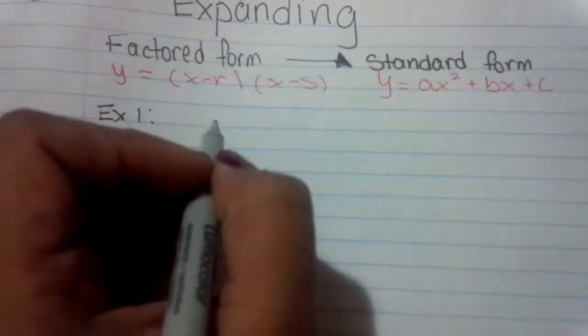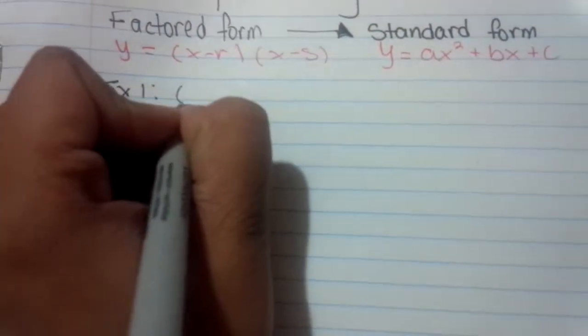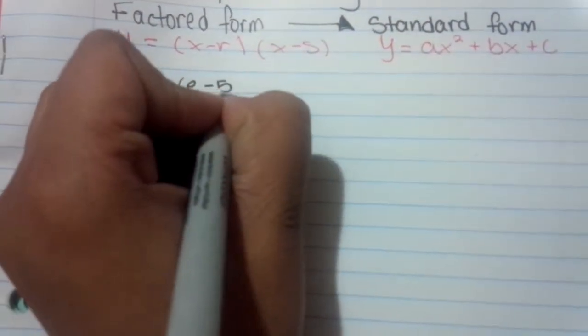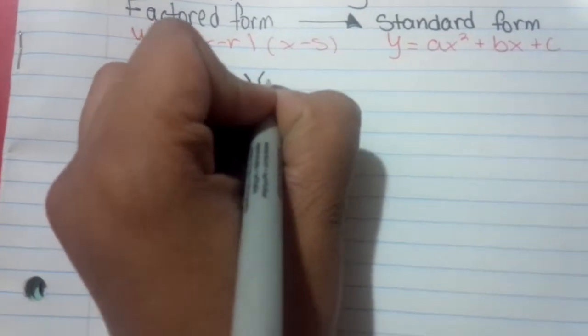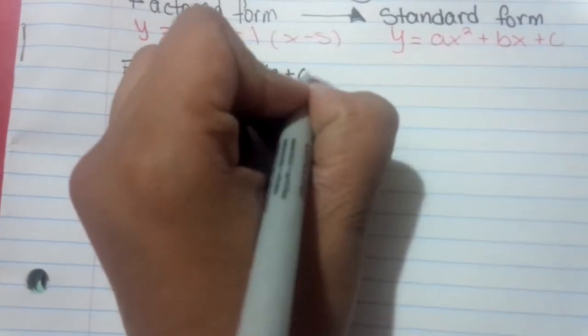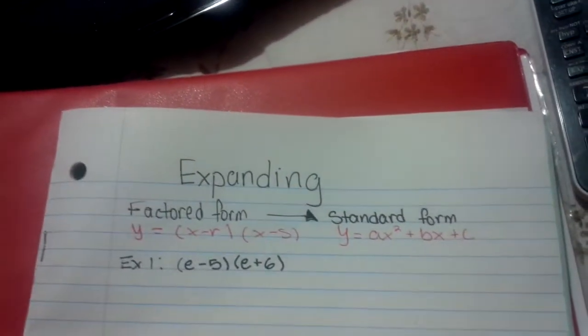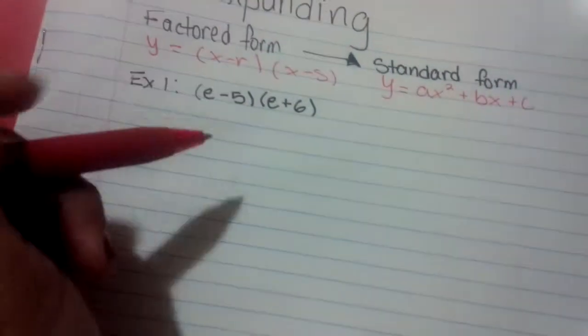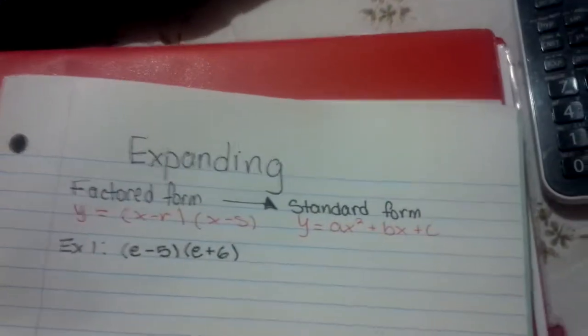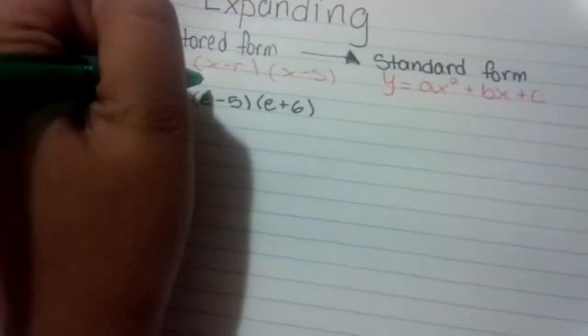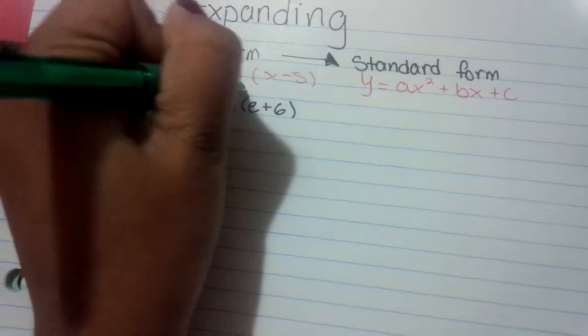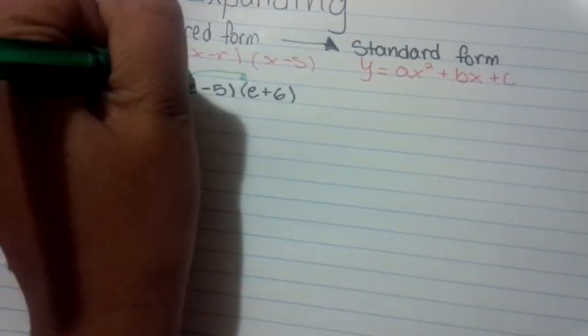Let's do e minus 5 and e plus 6. So basically what I mean by expanding is we're multiplying everything in the brackets. So e will be multiplied by e, and e will also be multiplied by 6.